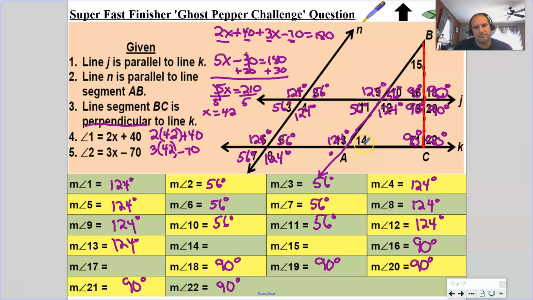So, a little bit of confusion here. Do you see this right here? It's a triangle.